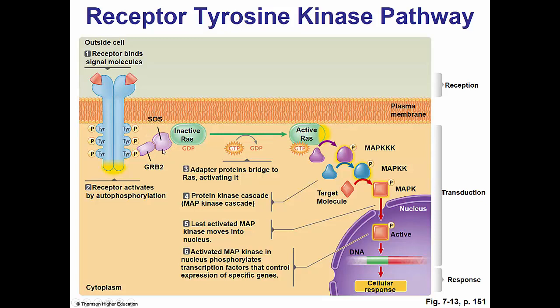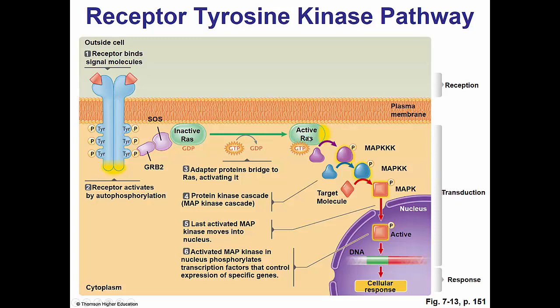And SOS is a protein that activates the GTPase RAS. And you may remember we briefly talked about GTPases in an earlier chapter. So RAS is a protein that becomes active when it binds to GTP. So SOS causes RAS to release GDP and bind GTP.